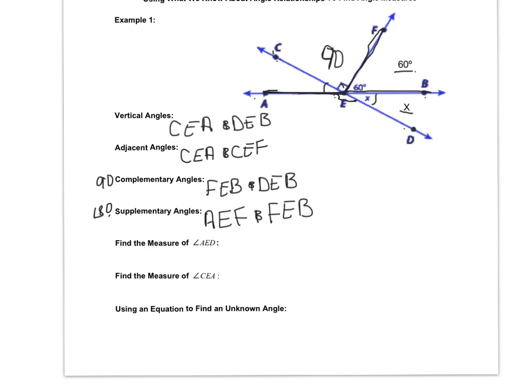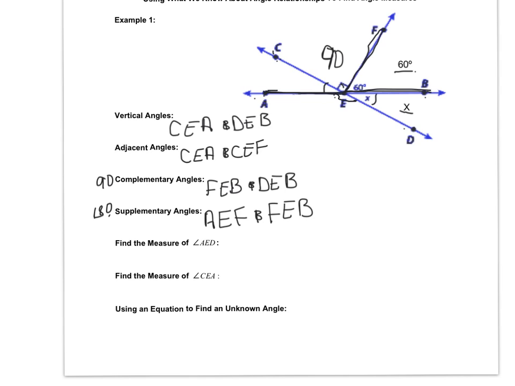We know that AEB is 180 degrees, it's that straight line. But then we also have this smaller angle here, angle X. How do we use what we know about that angle to help us figure out the measure of angle AED? This is where we rely on those complementary angles.